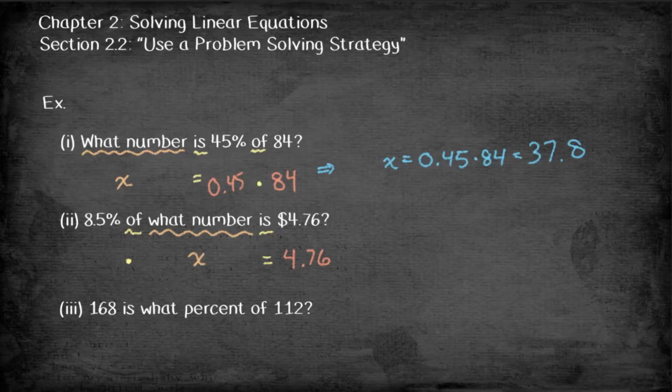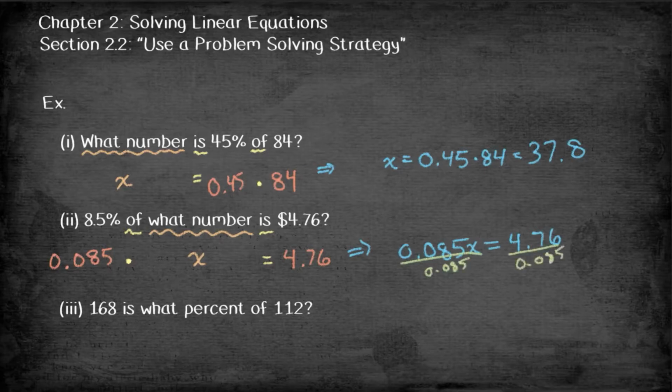So that would be, as a decimal, 0.085. So we're going to divide out our coefficients, and we get x equals 56. And the original unit is dollars, so this is really $56.